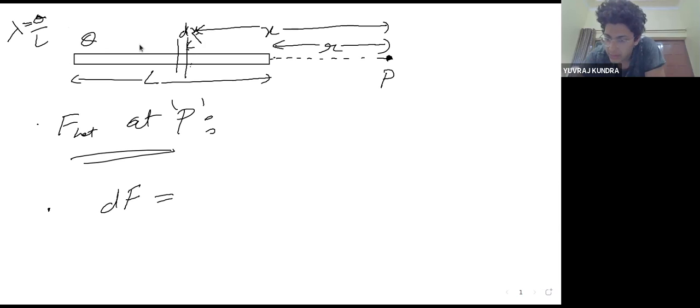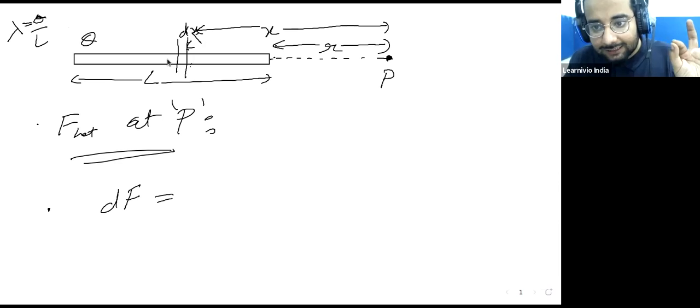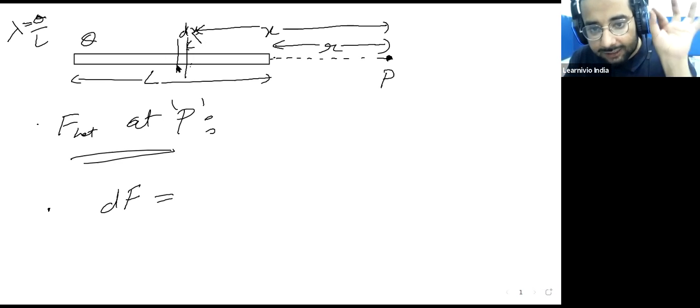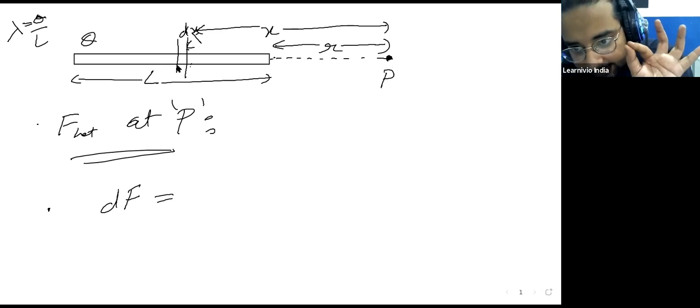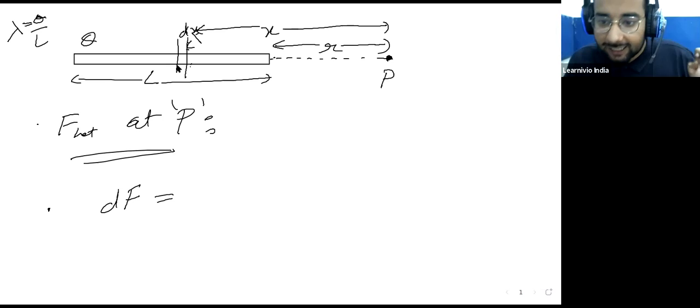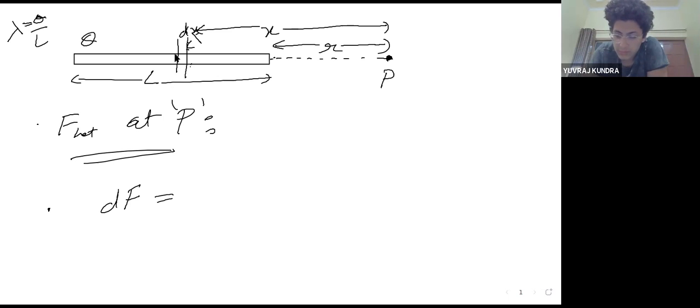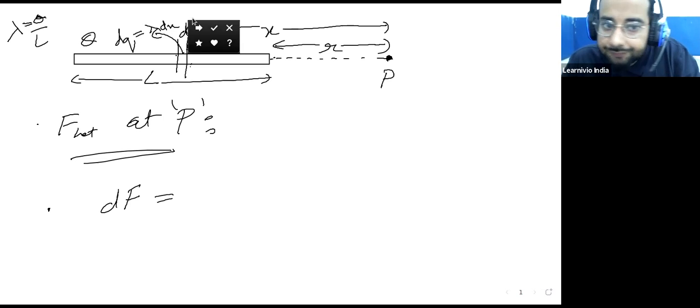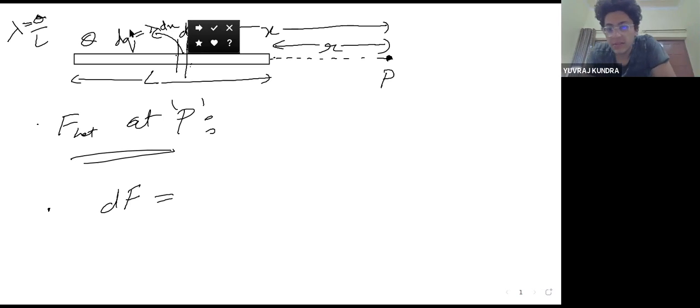If you multiply the charge density with a particular length, you'll get the charge inside that length, correct? So the amount of charge dq in this is just going to be lambda times dx. Charge density into length. Yes, sir.